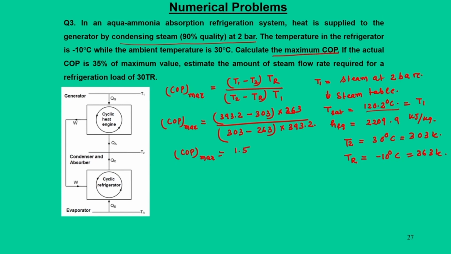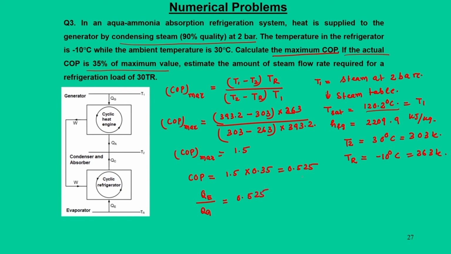For the second part, if your actual COP is 35% of this maximum COP, then we can write simply COP is 1.5 into 0.35. So this is 0.525, and this COP can now be written as QE by QG, equal to 0.525.